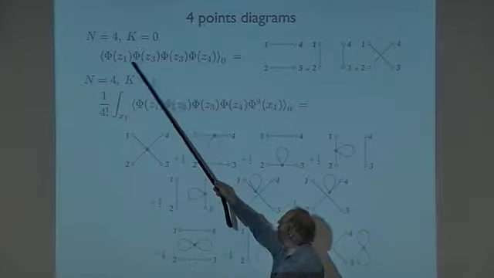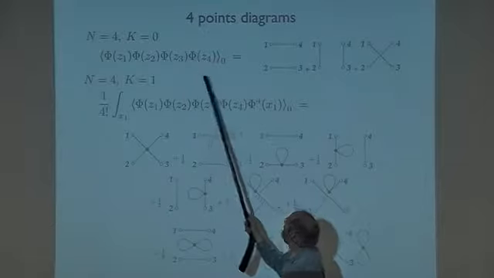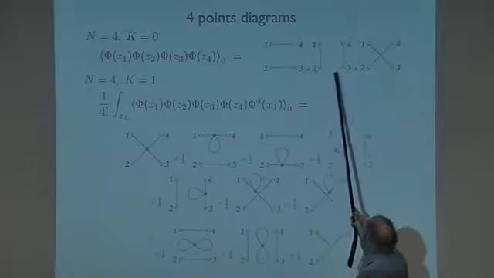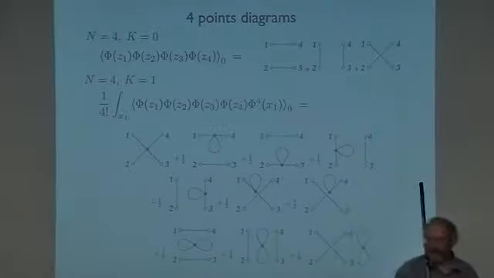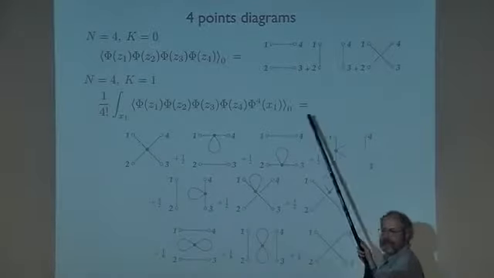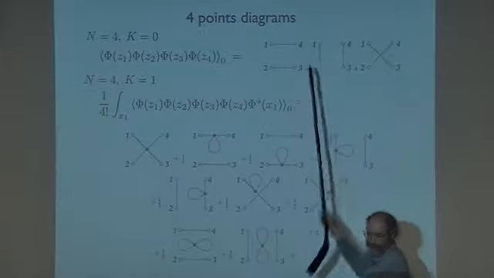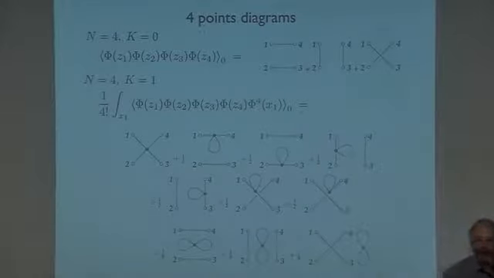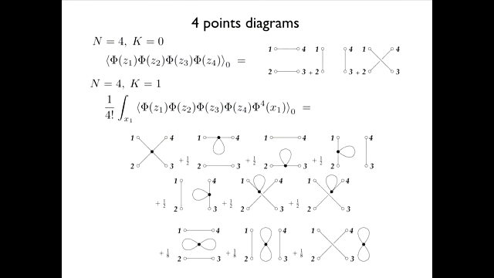So at order 0, in the free theory, it's just given by Wick theorem. So there are 3 different diagrams, all of them disconnected already because they are products of propagators, which are 2-point functions. So the 4-point function in the free theory is just a sum of products of 2-point functions.